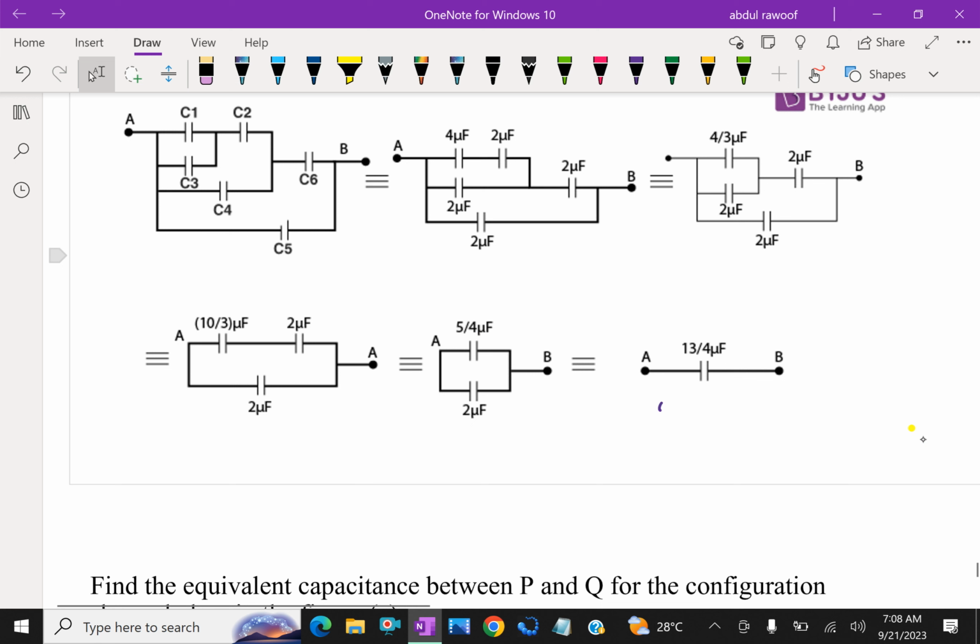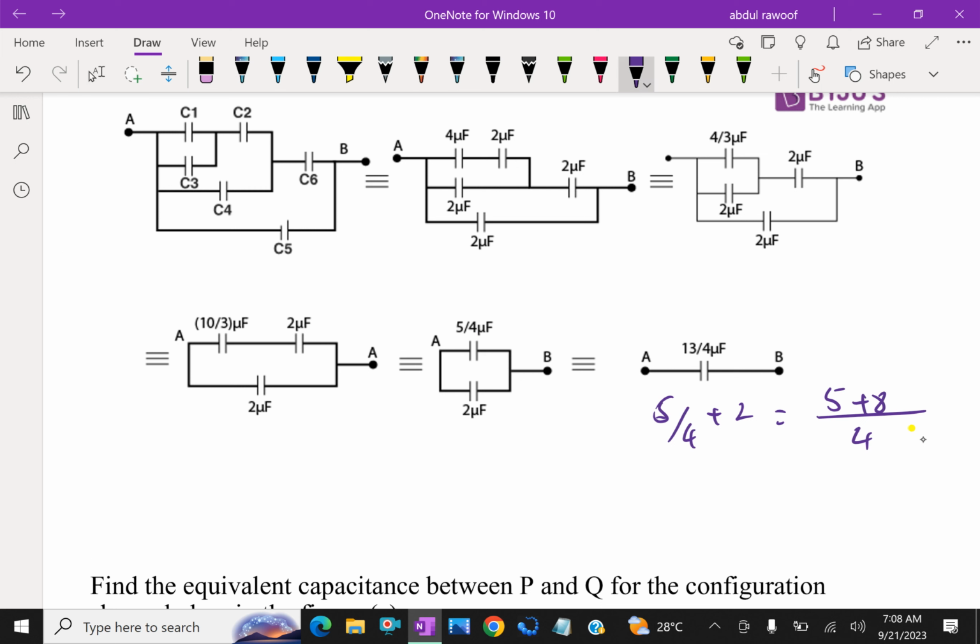Adding 5 over 4 plus 2 with LCM 4, 5 plus 8 is 13 over 4, then the reciprocal is 4 over 13 microfarad. That means the total equivalent capacitance of the combination is 4 over 13 microfarad.